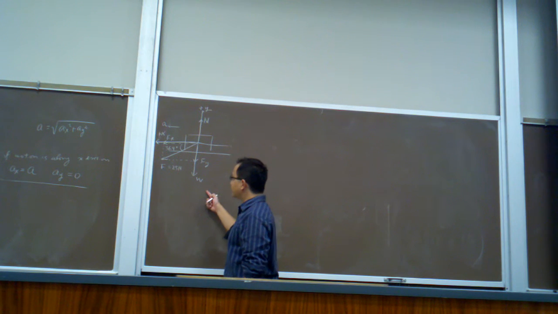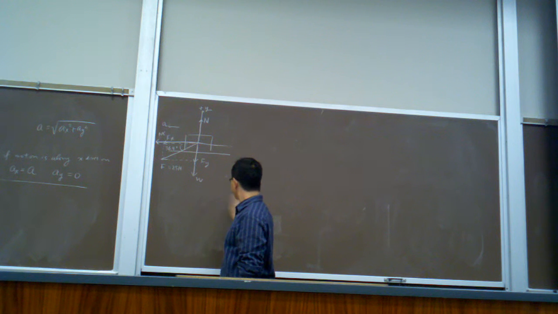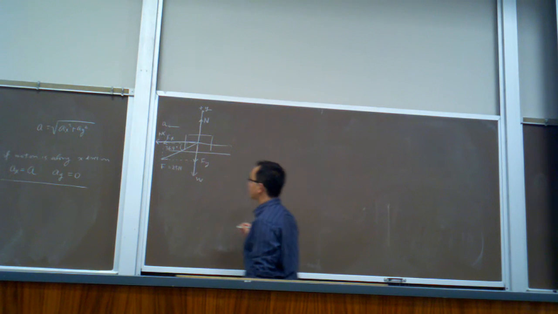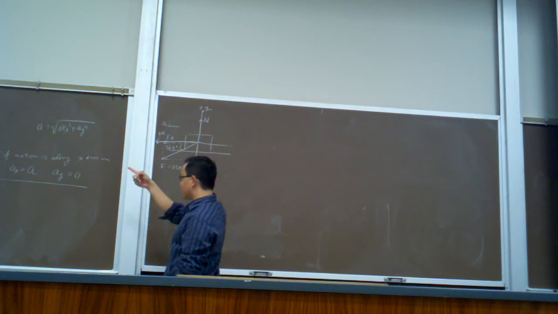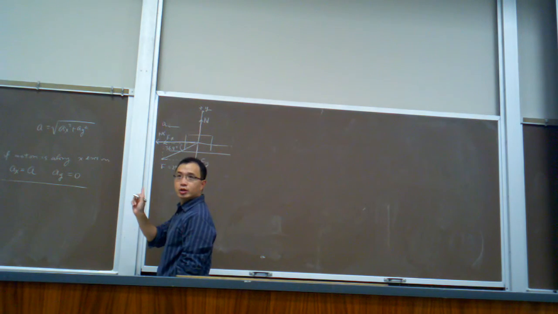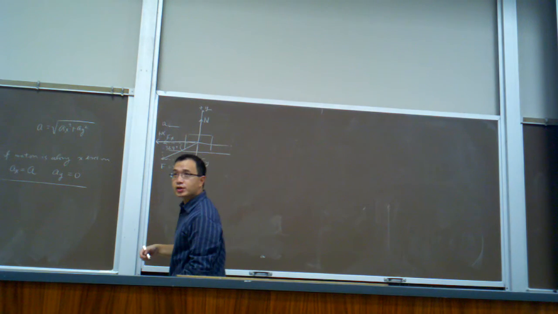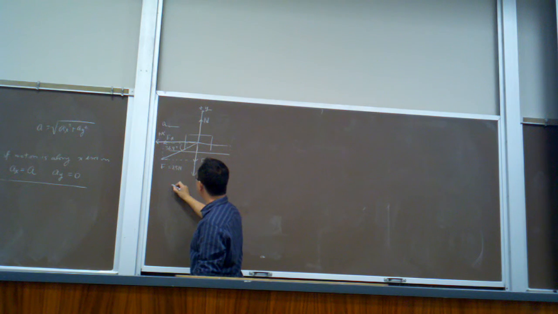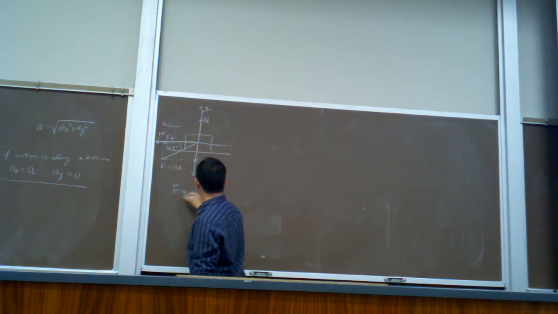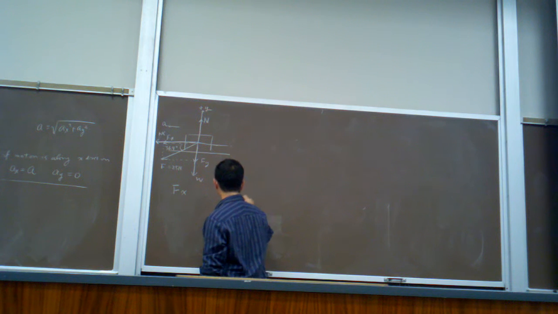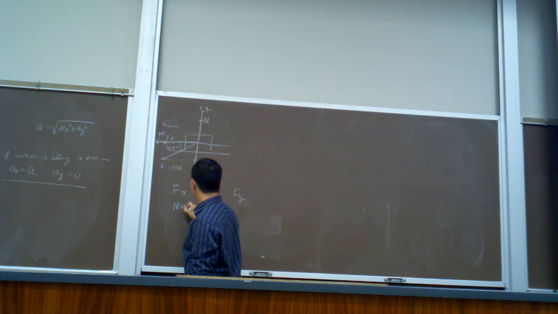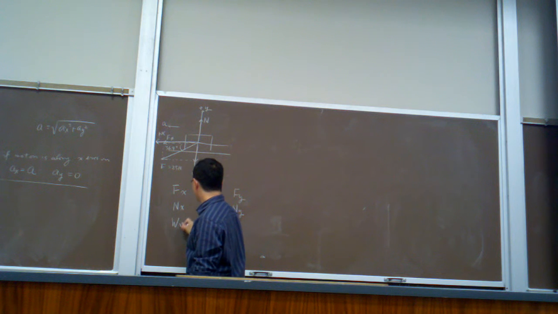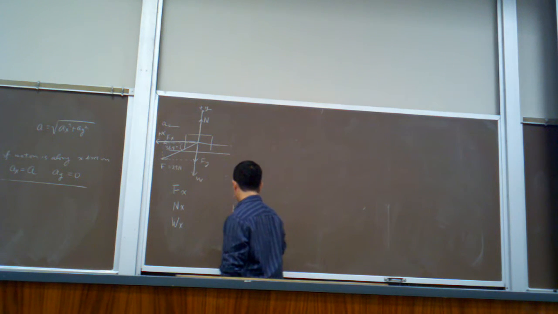Let's do the decomposition for all the forces. In fact, it's quite similar to that problem. Can you see that? The external force is directed in some direction, and you have N and W. Let's write down Fx, Fy, Nx, Ny, Wx, Wy.